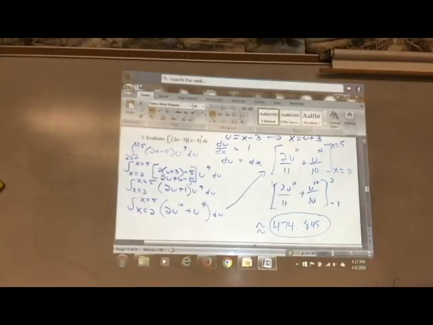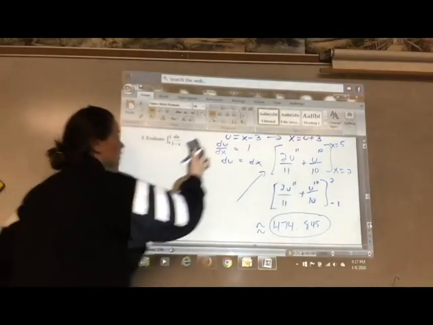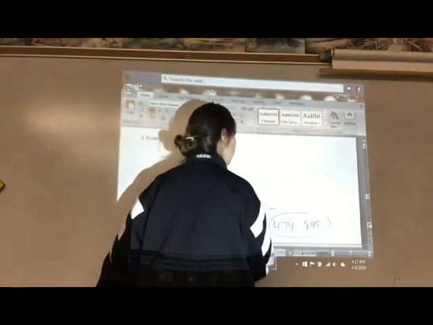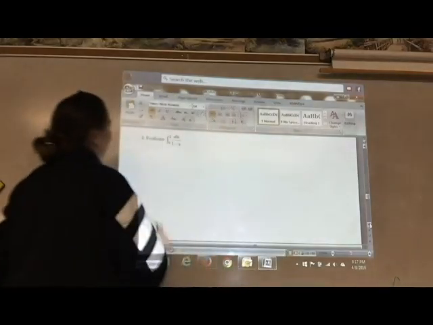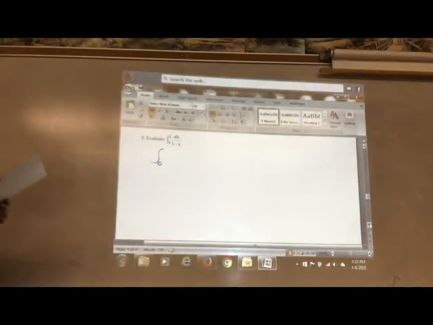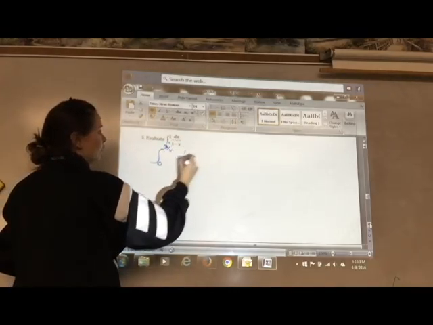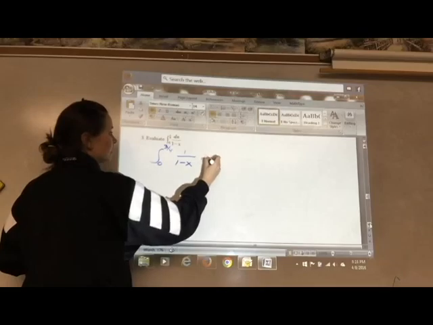All right, our last example. Let's rewrite this again. All right, so we have from 0 to 3 over 4, 1 over 1 minus x dx, okay?